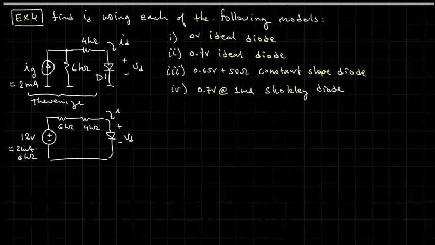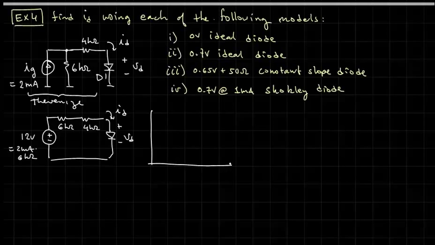Now we can draw a load line just to get a visual view of what's going on. We'll have a short circuit current of 1.2 milliamps, right? That's 12 volts over 10 kilo ohms. And we will have an open circuit voltage of 12 volts.